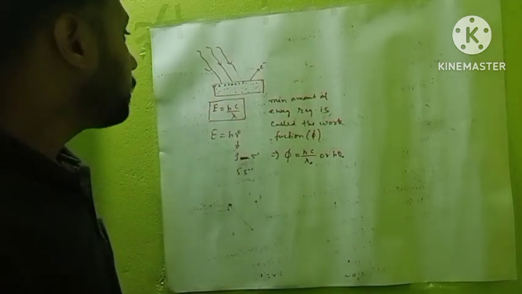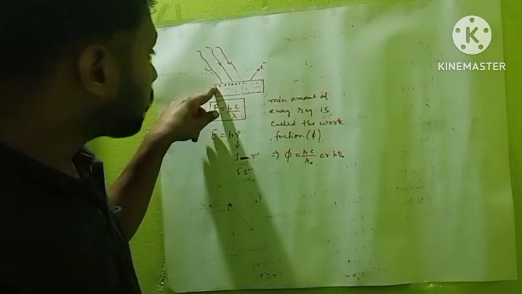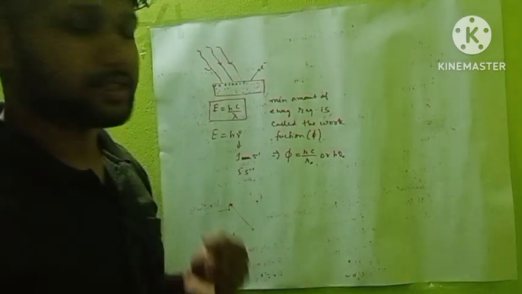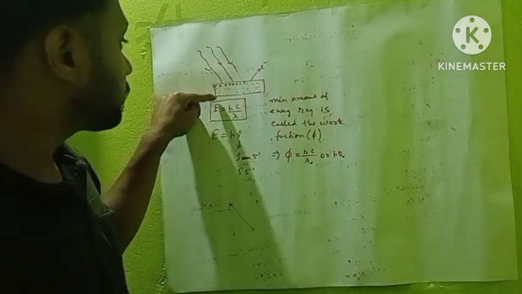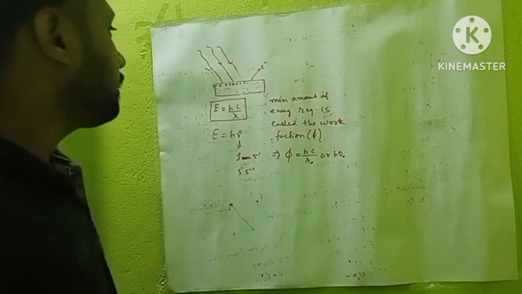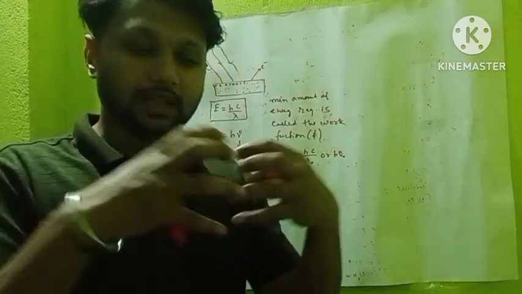One more important thing is that electrons on the surface are easier to release compared to the electrons deeper in the surface. Second, you know that in chemistry we study metallic bonds and ionic bonds.